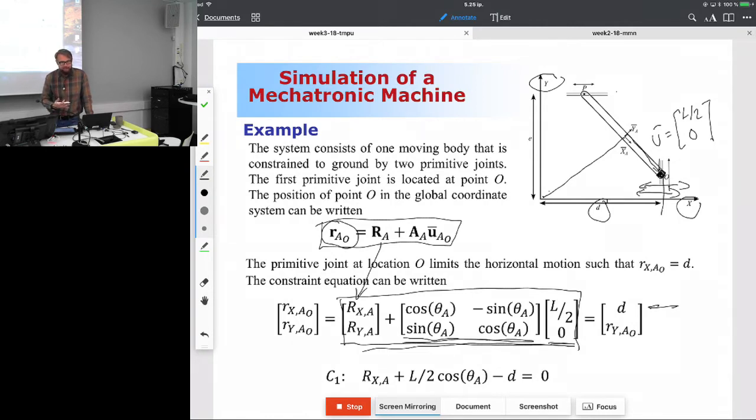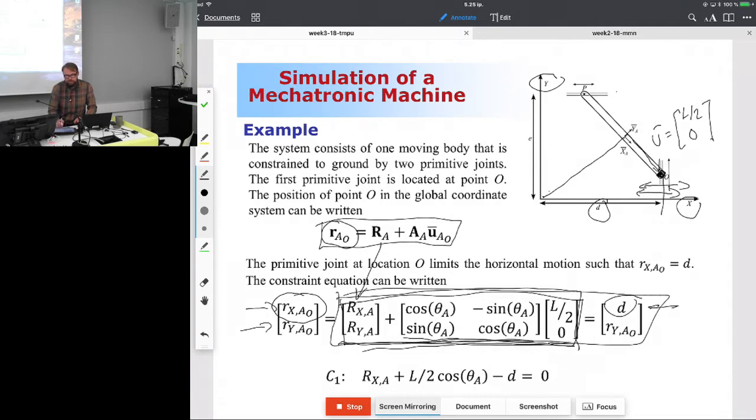Is this clear? Okay, so that's my definition. And now this tells me the position O in x and y direction with respect to the global coordinate system. So now I'm saying that this x here is actually predefined. X is predefined to be equal to d.